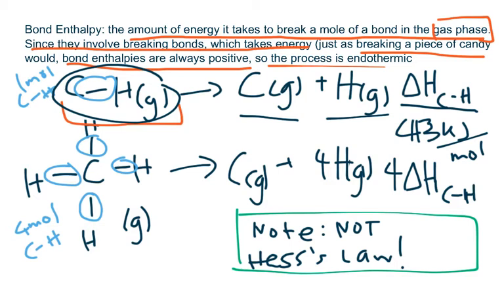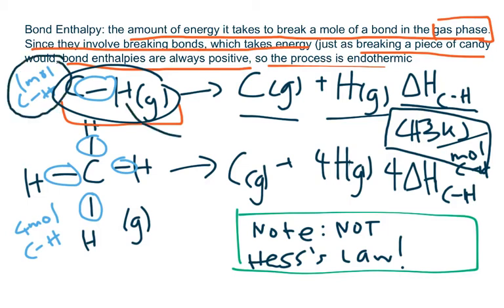And it turns out, according to the table, the bond enthalpy for the CH bond is going to be 413 kilojoules per mole of CH bonds. And this reaction shows this since this is 1 mole of CH bonds per 1 mole of CH. And you could think of it this way: 1 molecule of CH has 1 CH single bond, so a mole of CH will have a mole of CH bonds.